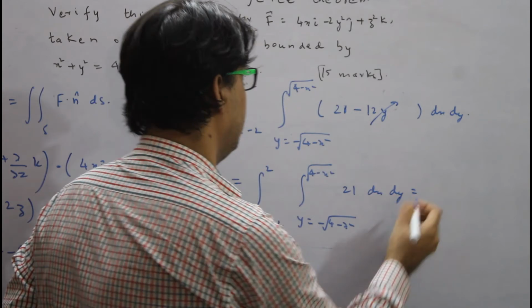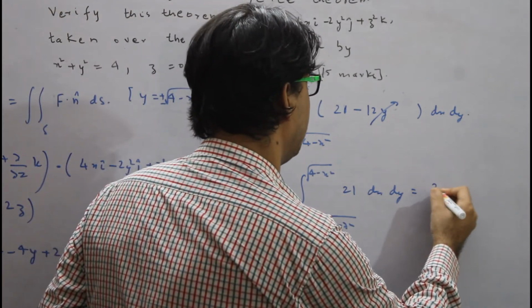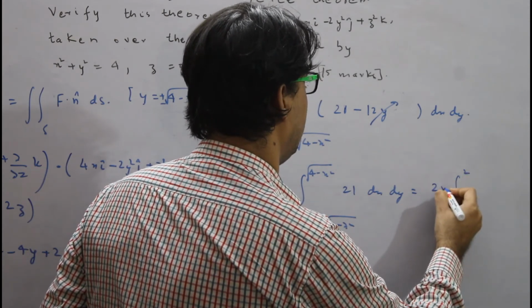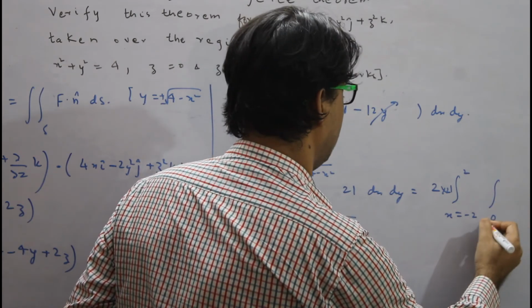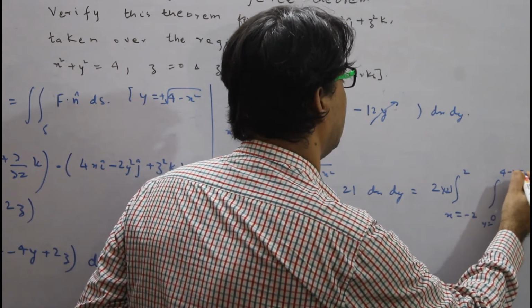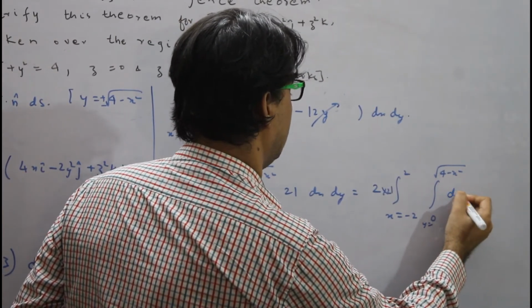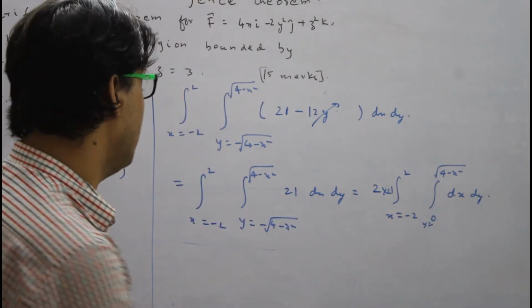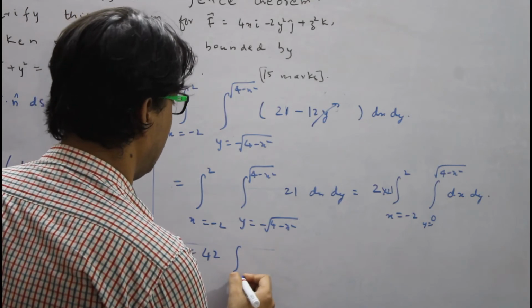Because this is an even function, we will take 2 outside and 21 outside, and this becomes the integral from 0 to square root of 4 minus x square, dx dy.